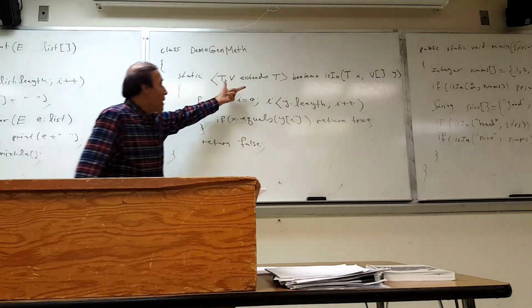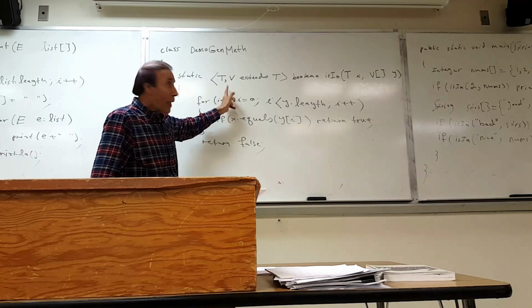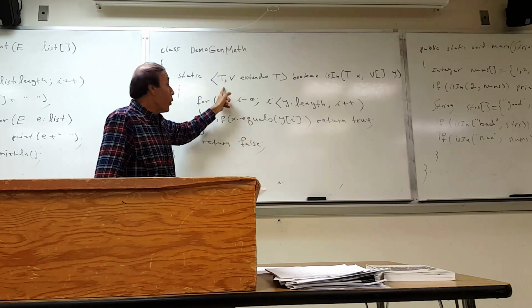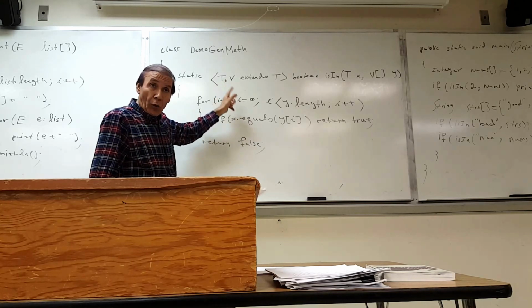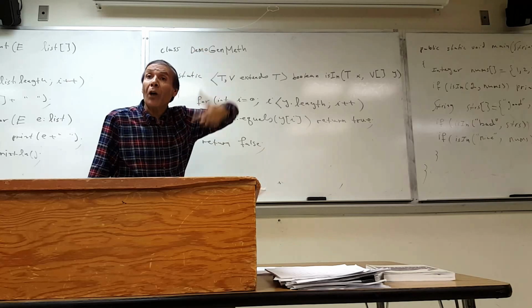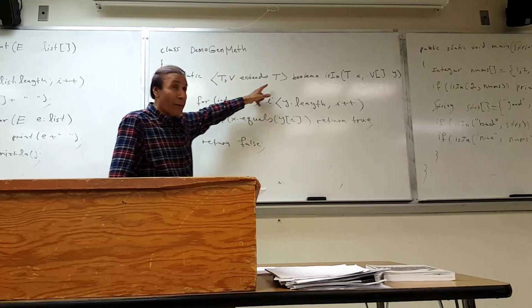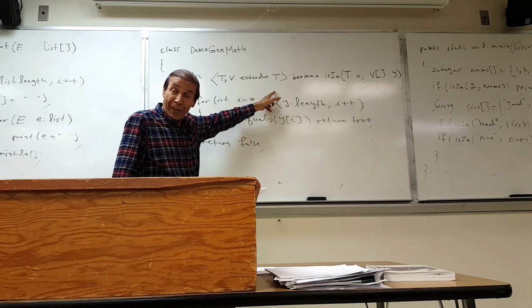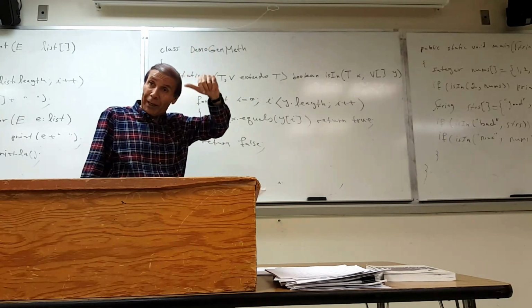This means T and V should be the same, or T should be the same as any subtype or subclass of T. Okay? Following? You remember we discussed what subtype or subclass is?